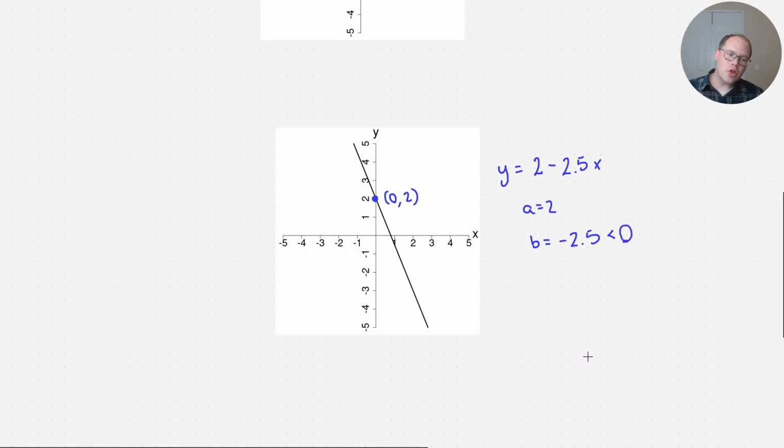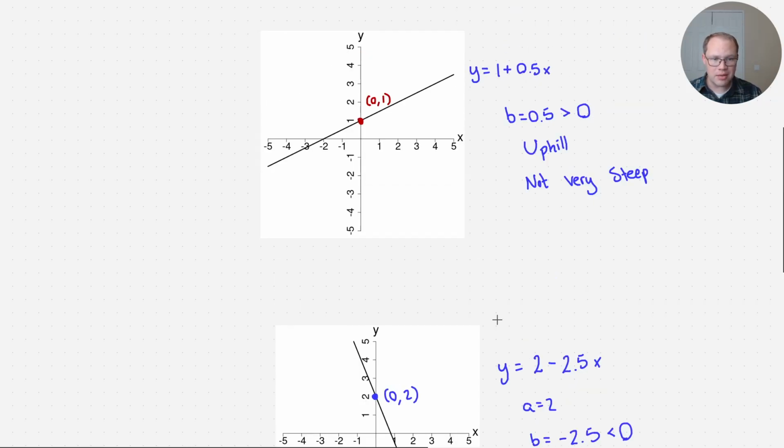When our slope is negative, that means if we look left to right, the line is going downhill. Notice that this line is a lot steeper than the other line, which was much flatter.